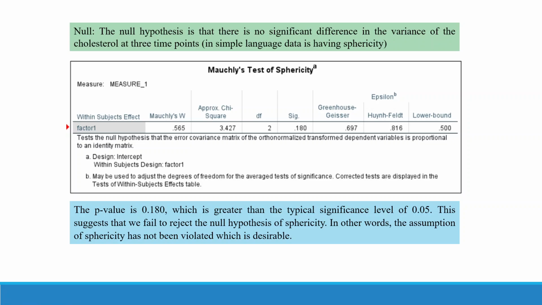Desirable is that the p value should be more than 0.05 so that we can accept the null and the assumption of sphericity is not violated. In other words, the assumption of sphericity has not been violated, which is desirable. I will repeat: this value should be nearer to 1 and this value should be more than 0.05. Let's proceed further.